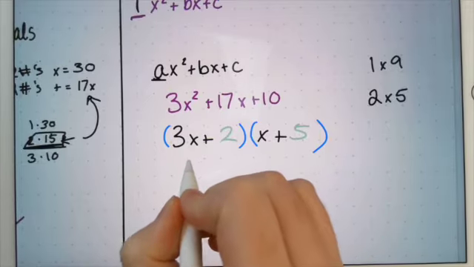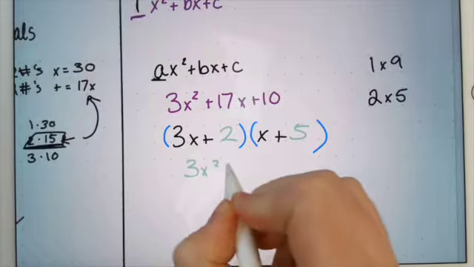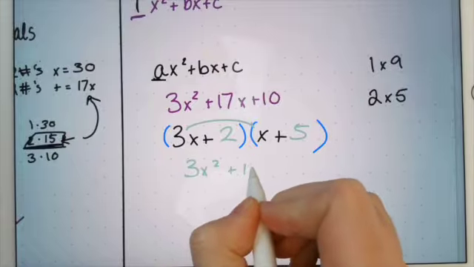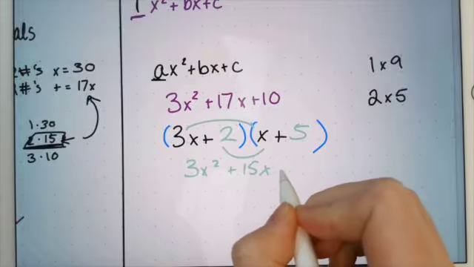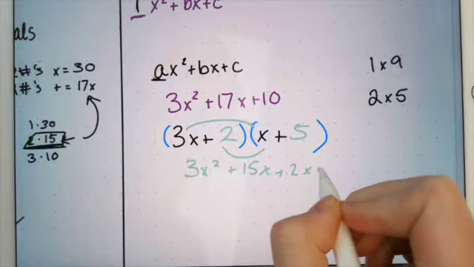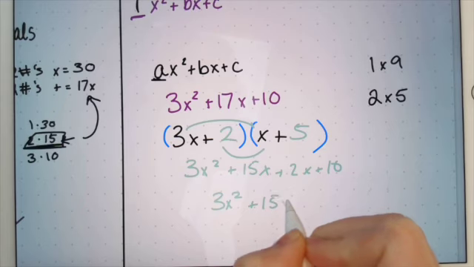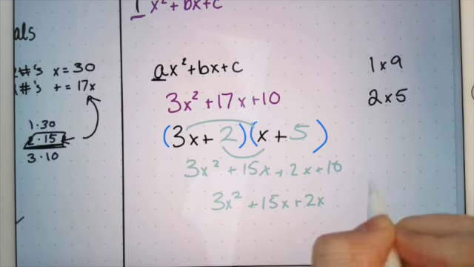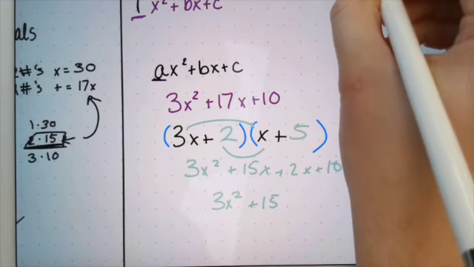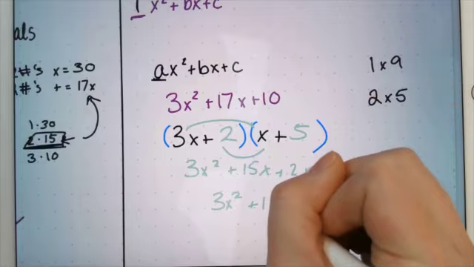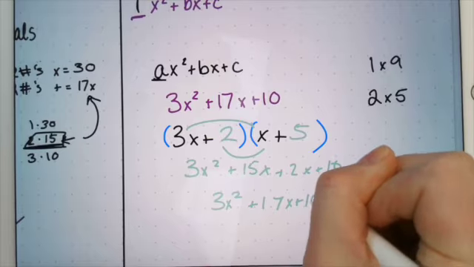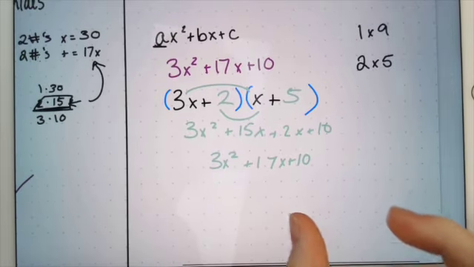This is 3x squared, that's my first one, plus 15x plus 2x plus 10. Now this one does give us the correct answer. I just find it easier to make mistakes as I go through it. So I personally like the first method better, but that's up to you to decide.